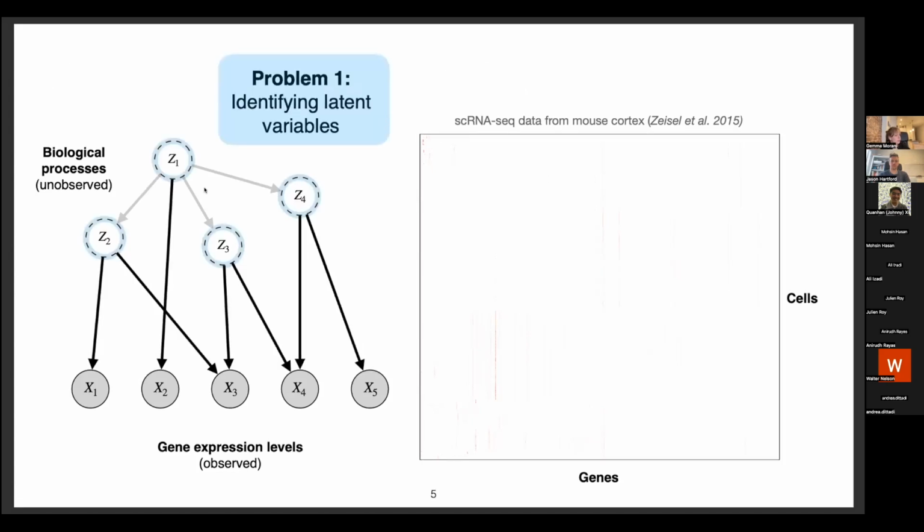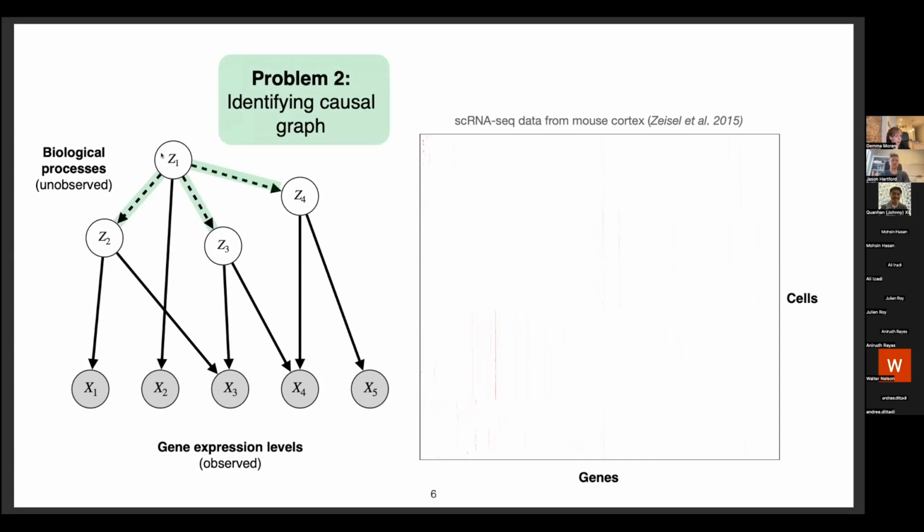So we can decompose this into, problem one is identifying these latent variables. Can we come up with these variables that describe how the variation in our data is coordinated? And secondly, can we then, given that, identify the causal graph? So how these latent processes then interact with each other or cause each other.